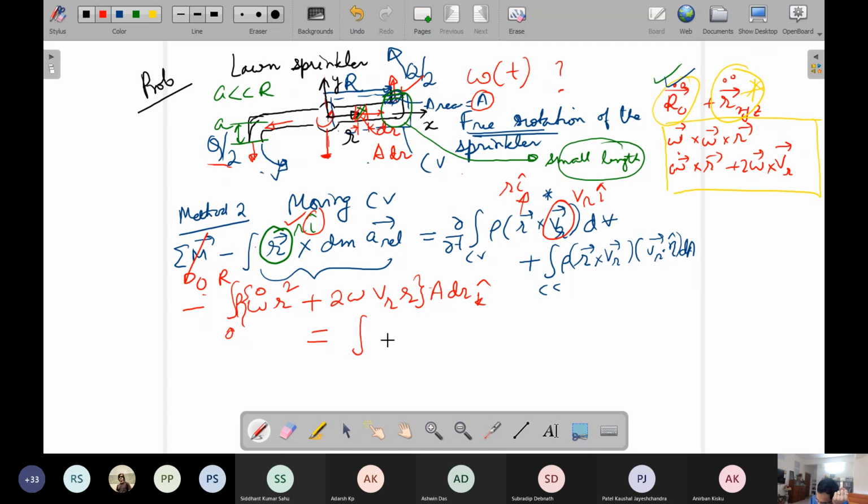So here also the rho is here. R, now this is the control surface. Control surface is Ri plus small aj cross Vrj, and this whatever dA term. So this will be very similar to the previous one. So rho q by 2 into now I cross j is k. So R into Vr k.